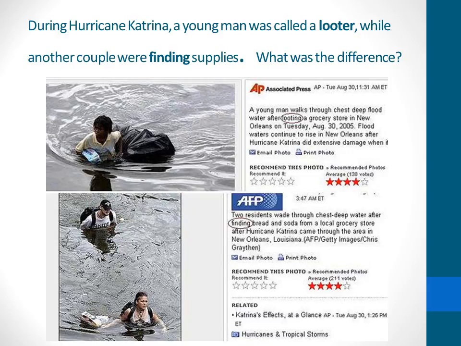And this is from very important and well-regarded press sites. This kind of verbiage or rhetoric is used because, at the time, people see black people as looters and white people as just survivors. The fact of the matter is both groups are just trying to survive this horrible hurricane.